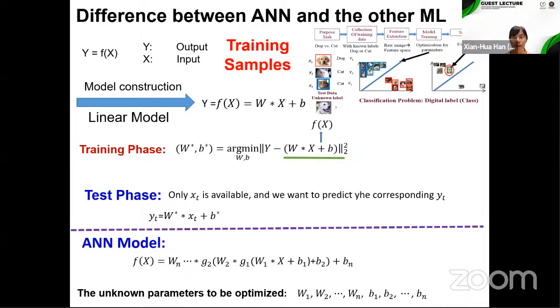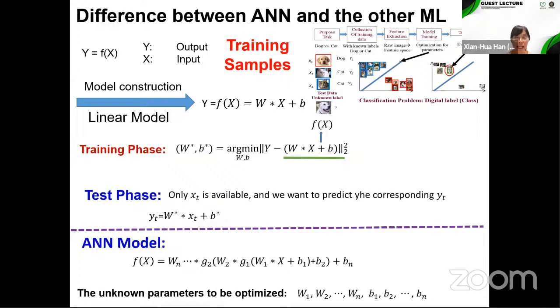In addition, the ANN model also uses nonlinear functions to transform variables into nonlinear values. So here I just give this expression of the ANN model. Next, I will introduce the detailed operations in the ANN model.